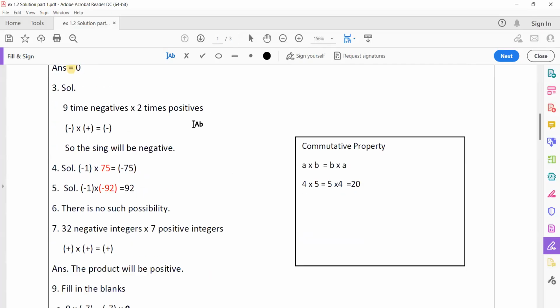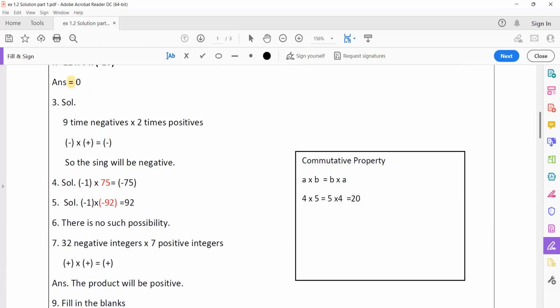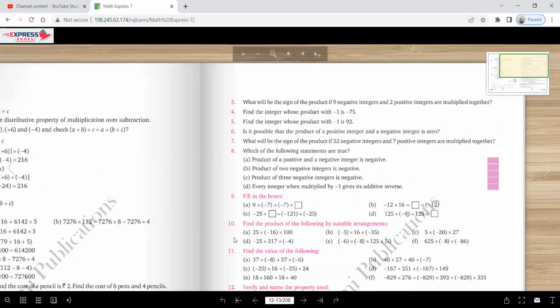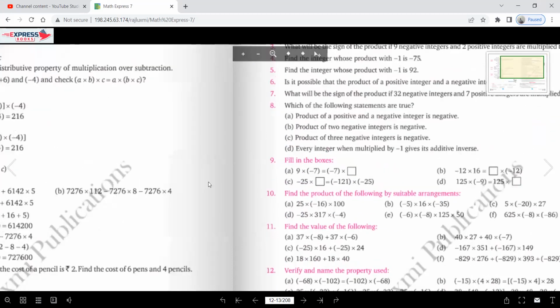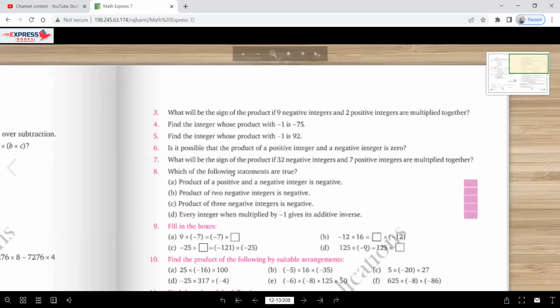So my dear students, after that, question number 2 is completed. Question number 3 says, what will be the sign of the product if 9 negative integers and 2 positive integers are multiplied together?